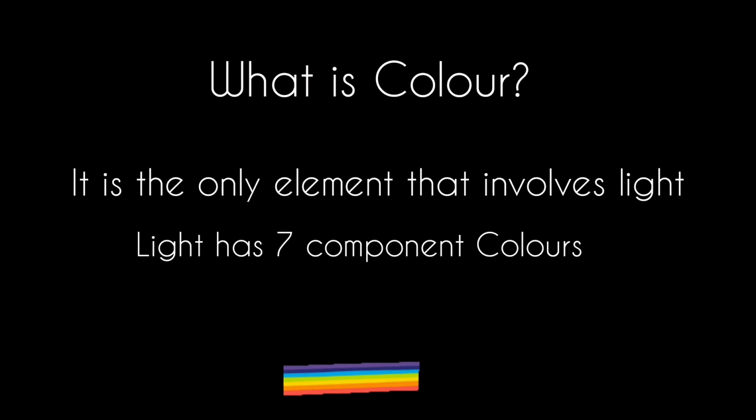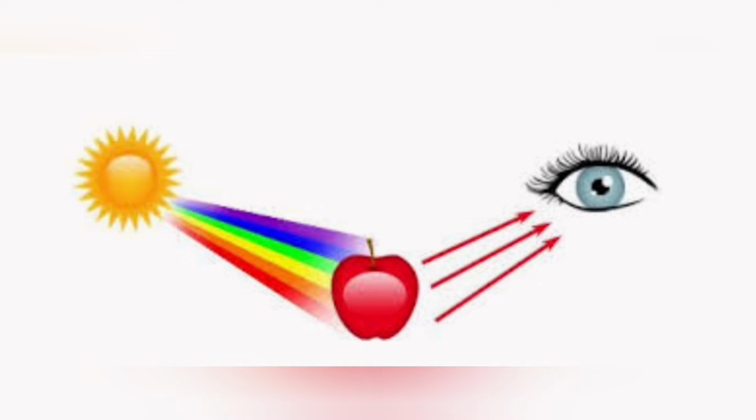According to this wavelength, we are naming these colors, and we need to know how we are seeing this color, right? As I said before, light already has seven component colors. So now you can see the sunlight, or any light, coming with all seven colors and falling on an apple.